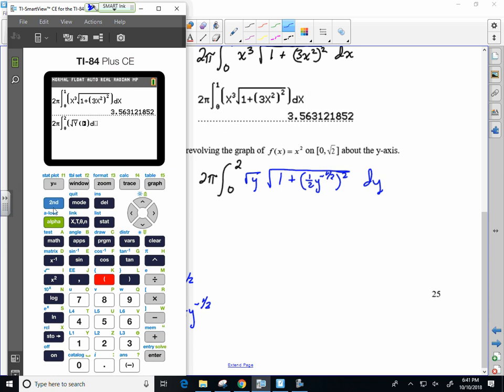Nah, I'll put parentheses anyway. Root of 1 plus parentheses, write it as 0.5 y raised to the negative 0.5, so I don't have to bother with fractions, close them up, square it, and y again.